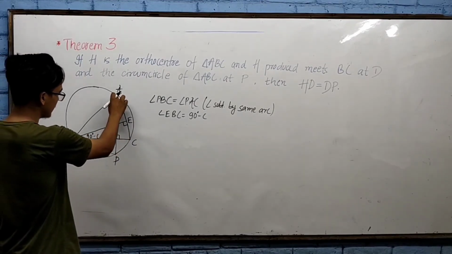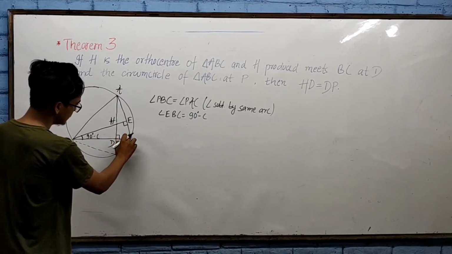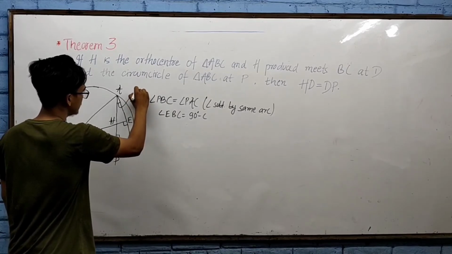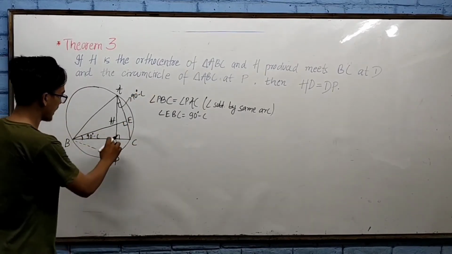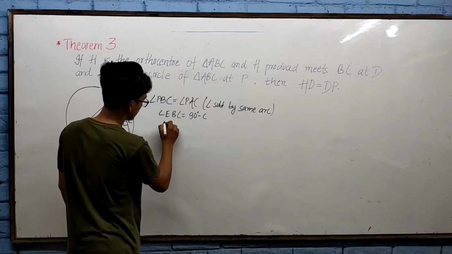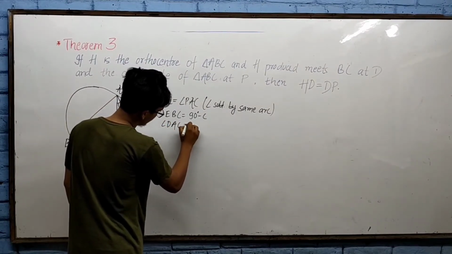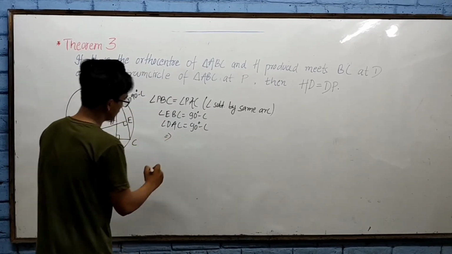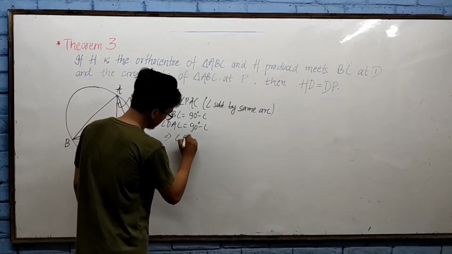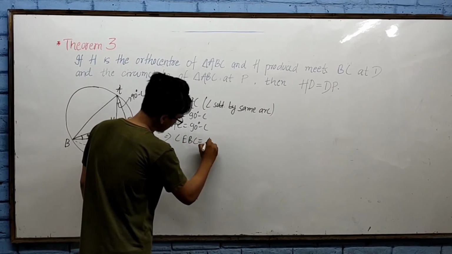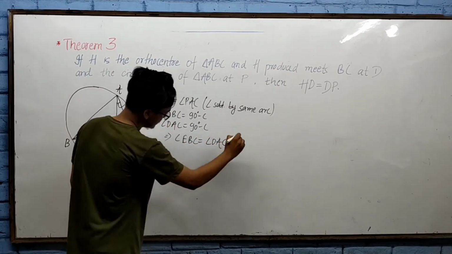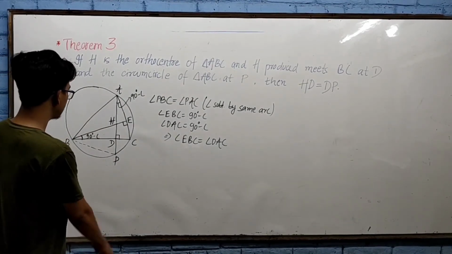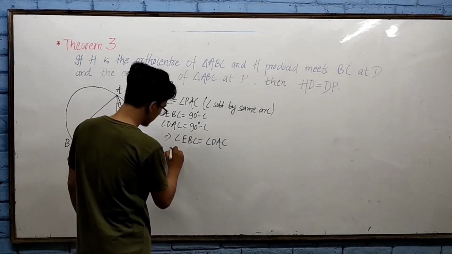Similarly, if you consider this triangle ADC, this is 90, this is C, so this angle must be 90 minus C. So angle DAC equals 90 minus C. Simply we can say angle EBC equals angle DAC. DAC is actually angle PAC.